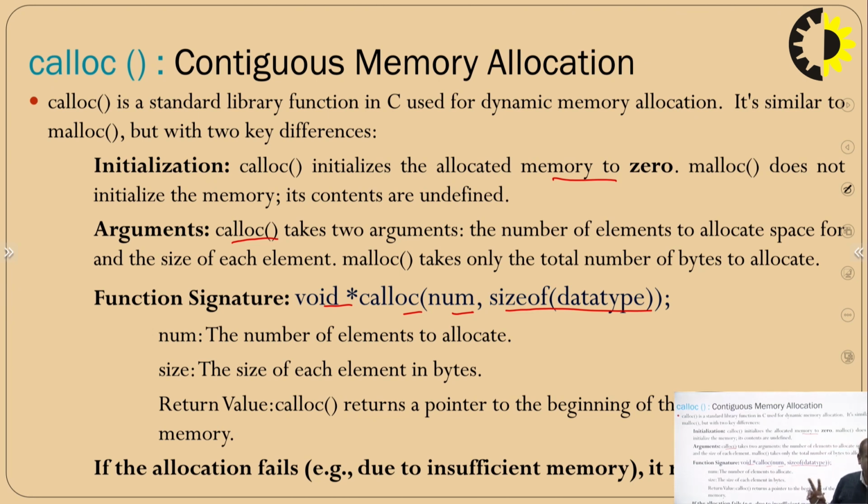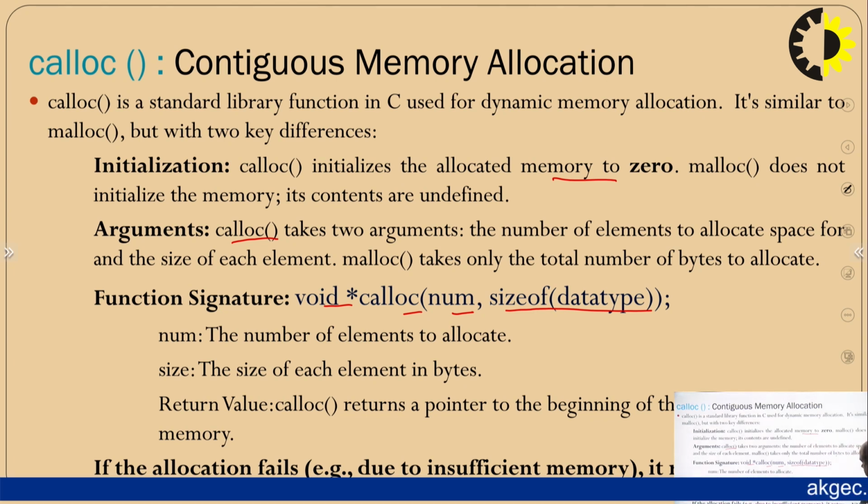Here it takes two arguments. num is the number of elements to allocate, and size is the size of each element in bytes. The return value is a pointer to the beginning of the allocated memory. If allocation fails, similar to malloc, it returns null.